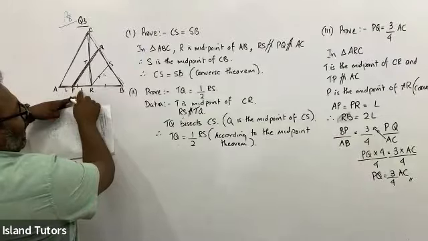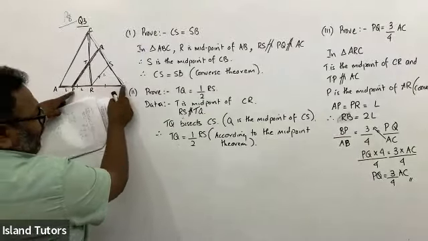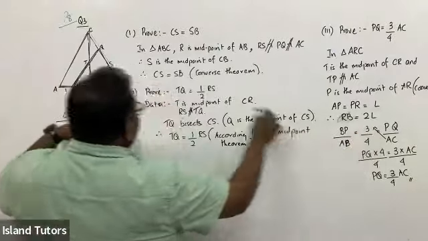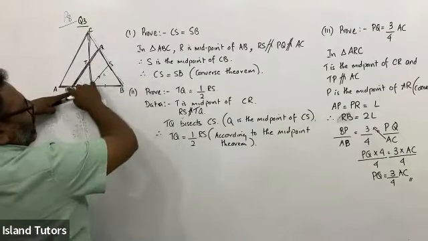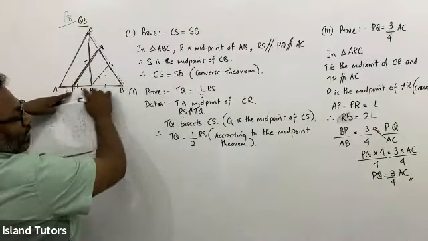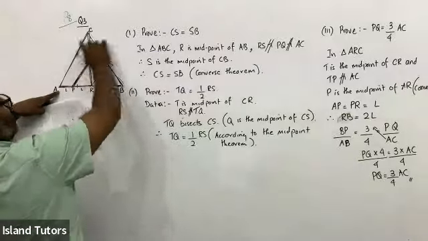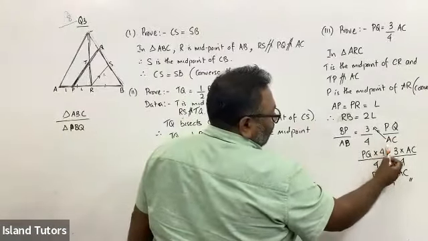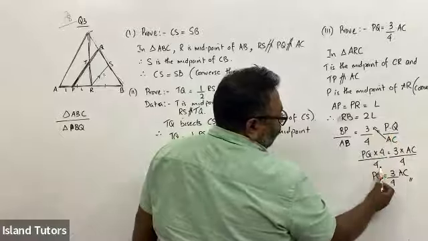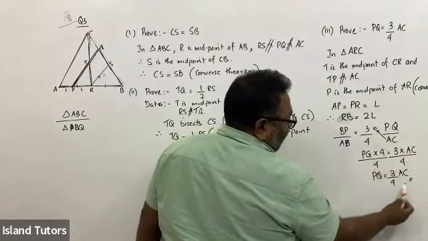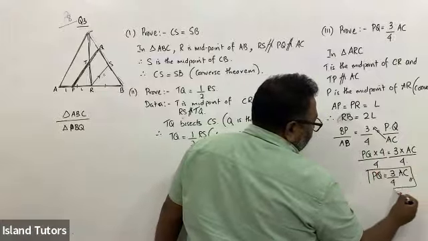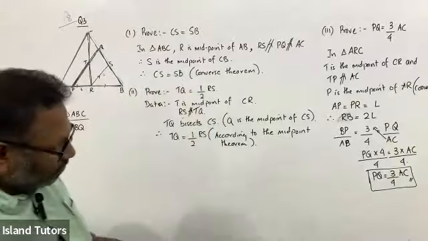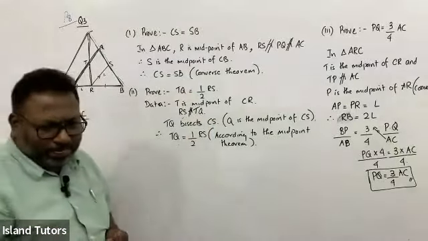So 1L, 2L, this is another 2L. So 3:4, that is AB, is equal to PQ is to AC. So cross multiply, you get AC into 3, PQ into 4, divide by 4 on both sides, and you're getting this. A little tricky, a little difficult question, but can't help, have to do.